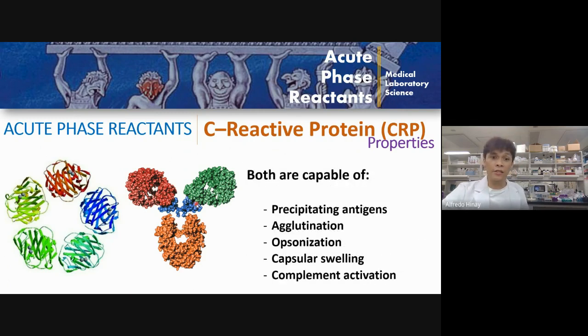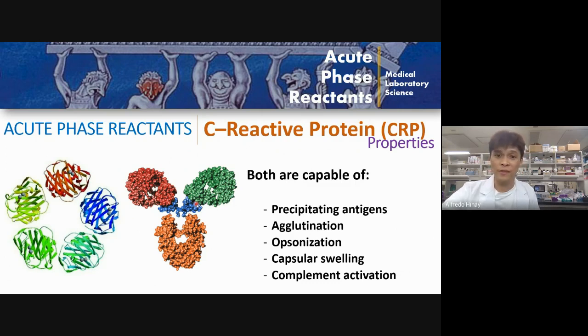And then they have almost the same function. It can actually precipitate antigen, do agglutination, have opsonization or tagging, do also have capsular swelling, and complement activation.